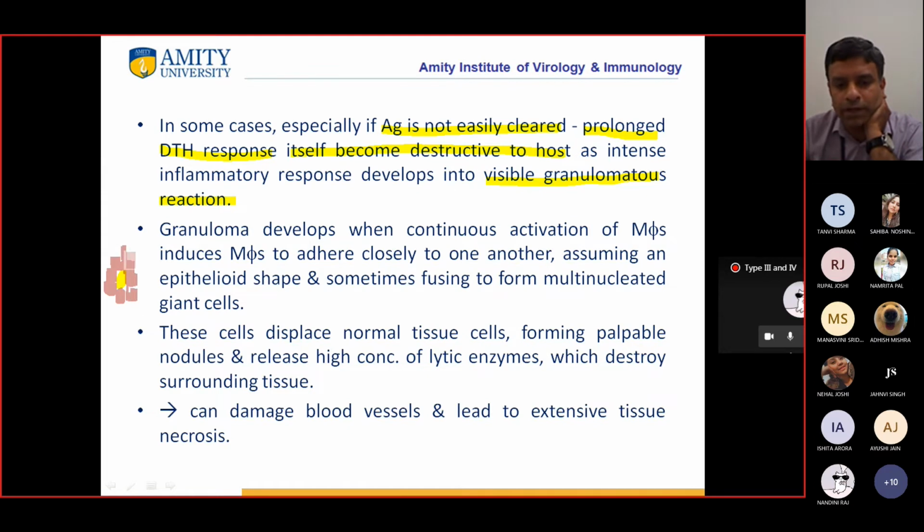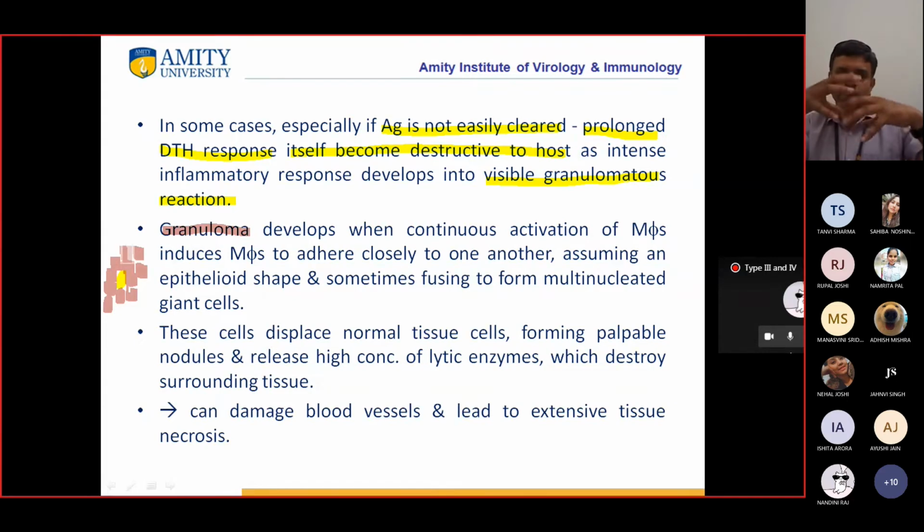More macrophages are coming, okay? So like this they adhere closely to each other, you can see this, okay? And when they keep adding on, they will assume an epithelioid shape and form multinucleated giant cells or the granulomas. Okay, so these cells displace normal tissue.